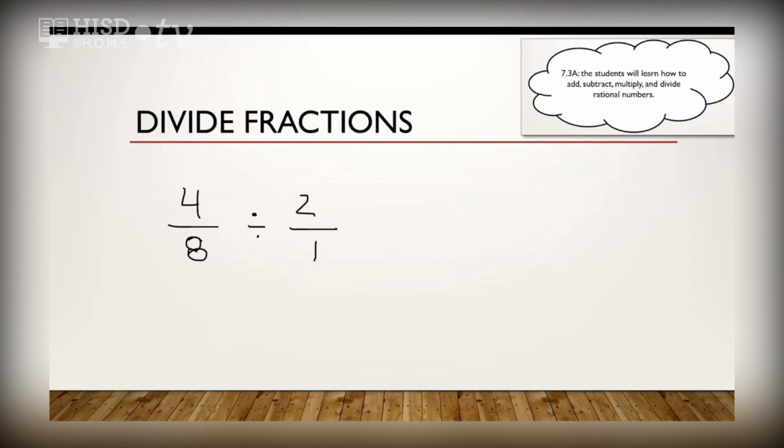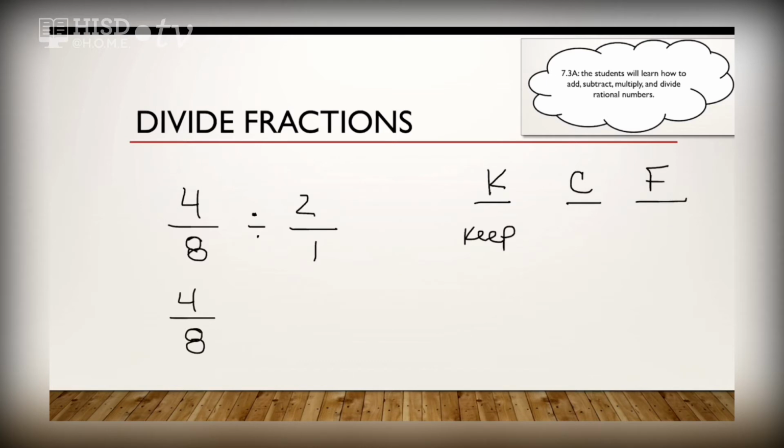But now we are talking about division, and this is what we need to do. The strategy is called KCF, and this reads keep, change, flip. This is what it means. We are going to keep the first fraction the same.